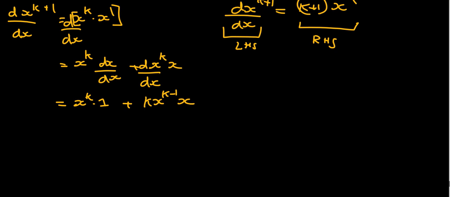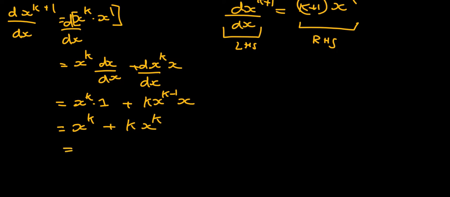So let's tidy this up then. We've got x to the k. That's a bit of a mess. We've got x to the k plus k x to the k.